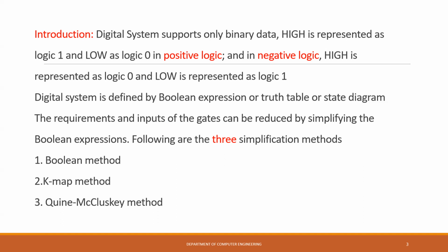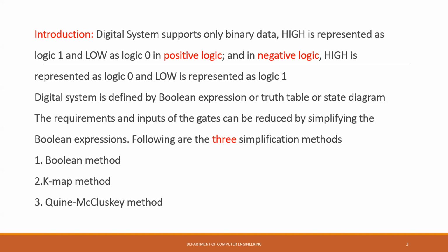In this system, logic 1 is represented by negative voltage and logic 0 is represented by 0 voltage. Thus, there are two logics used in digital circuits or digital systems, nothing but positive logic and negative logic. The digital system is basically defined with the help of Boolean expressions or with the help of a truth table or by using state diagrams.